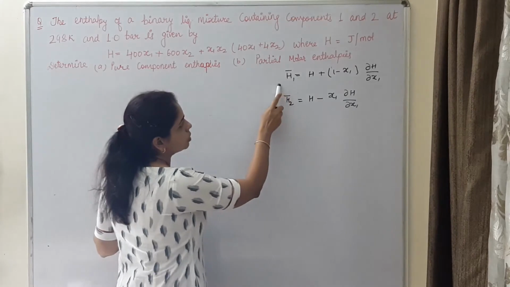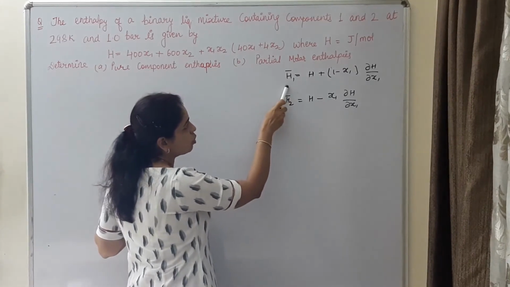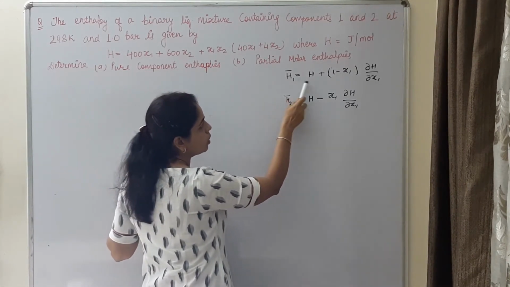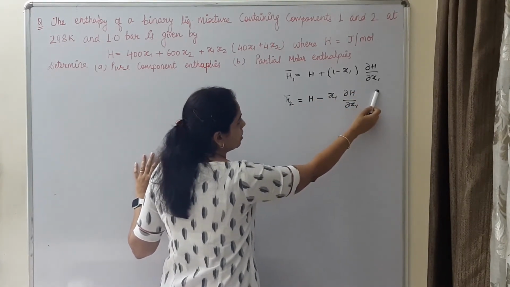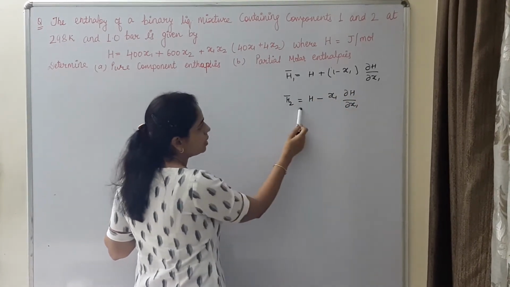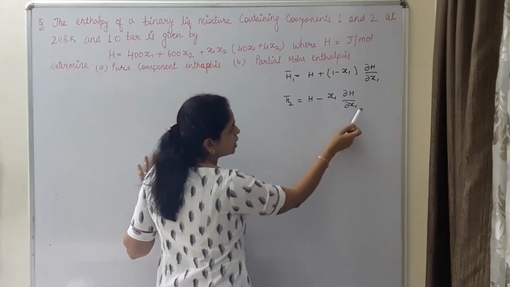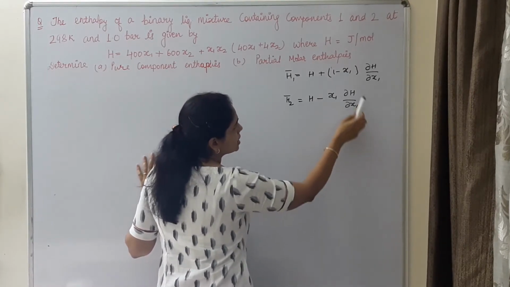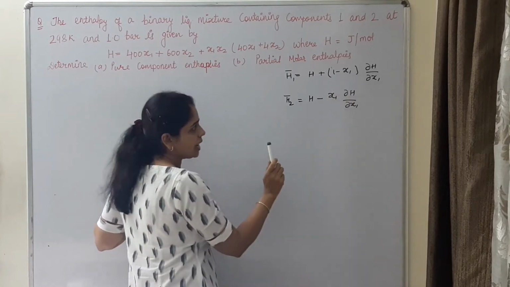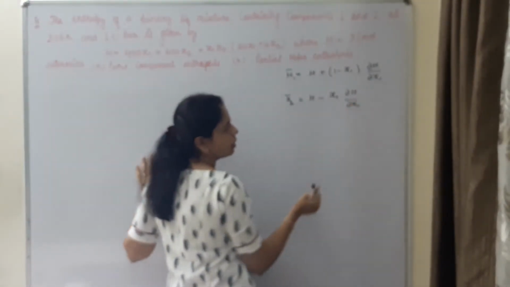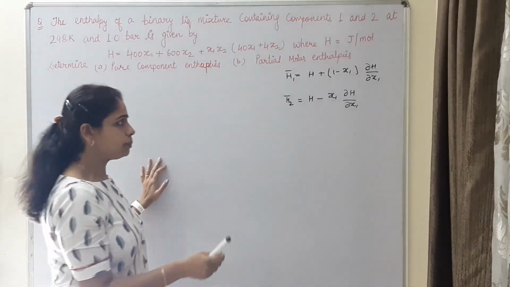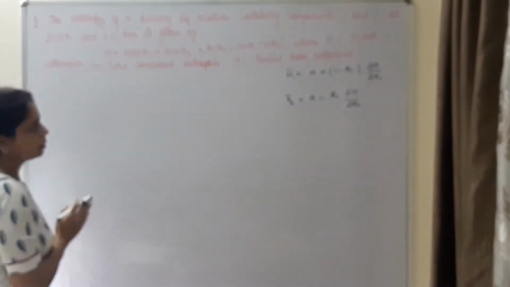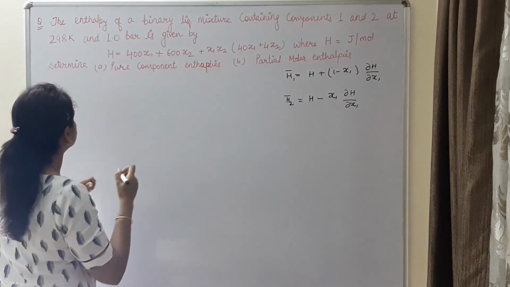The relation is: partial molar property of component 1, H1 bar, is equal to H + (1 - x1) ∂H/∂x1. H2 bar is equal to H - x1 ∂H/∂x1. Here I just replaced x2 by 1 - x1 and ∂x2 by -∂x1. So let's start this problem.